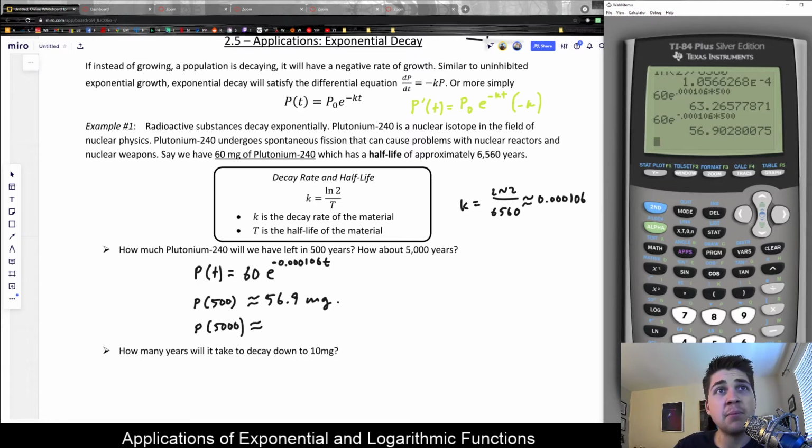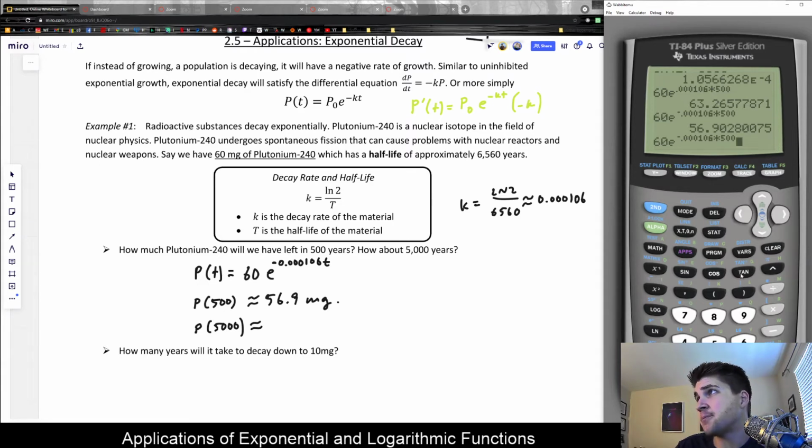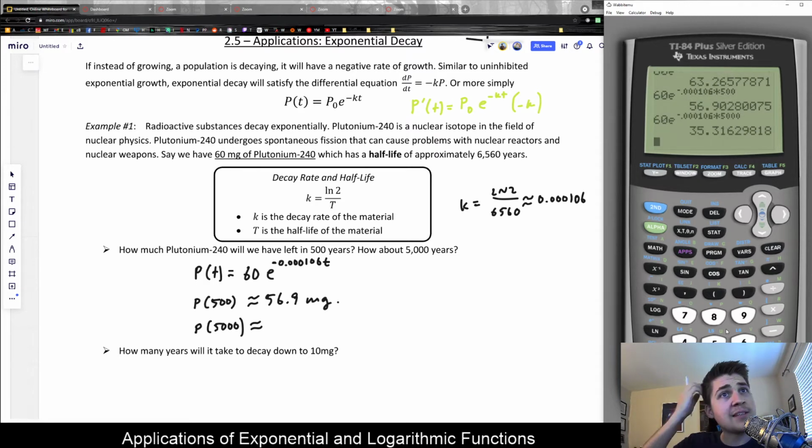A lot of unstable materials actually have very, very short half-lives, meaning that they decay really, really fast, but not the case with a lot of types of nuclear waste. Anyways, and then we have 35.3 milligrams after 5,000 years, and we'd expect it not quite to be down to half, since the half-life is 6,500 years, but notice it's getting pretty close.